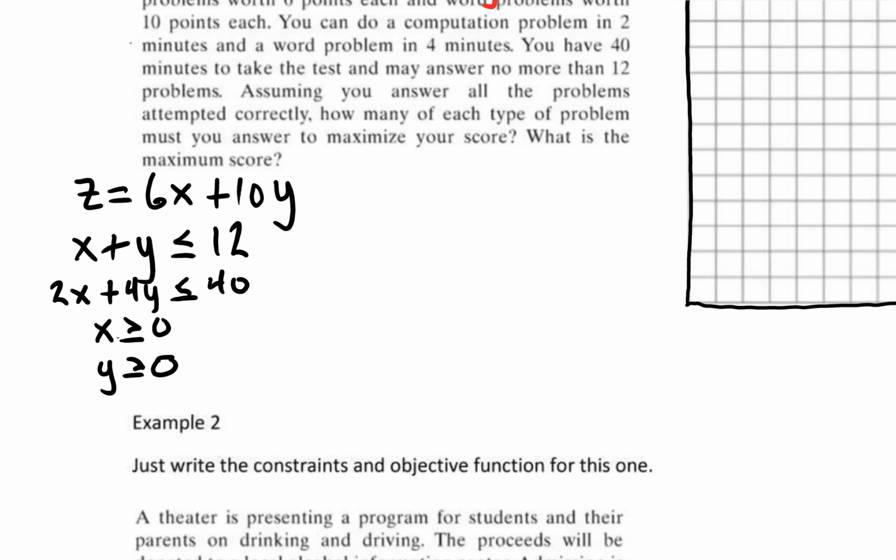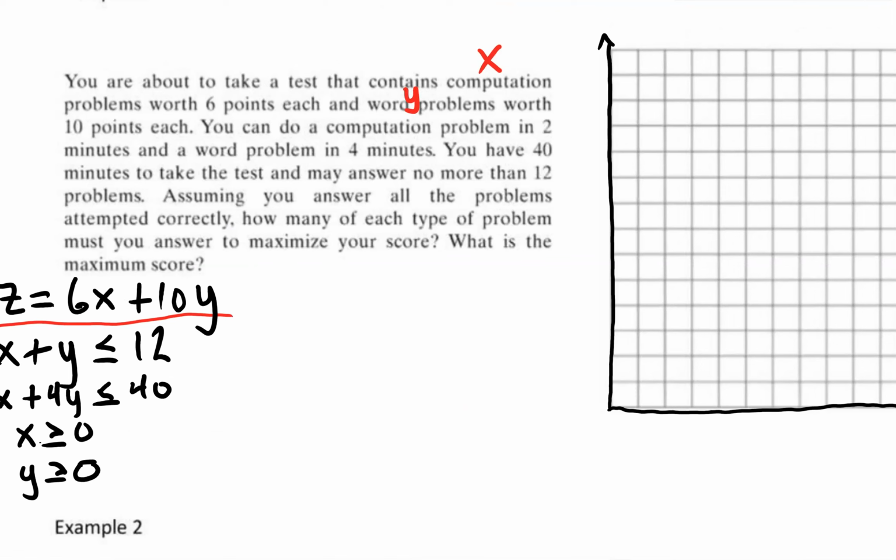They're in standard form, so I'm just going to graph them in standard form. If I make y 0, x will be 12. If I make x 0, then y will be 12. So I know on my y's and my x's I have to go to at least 12.